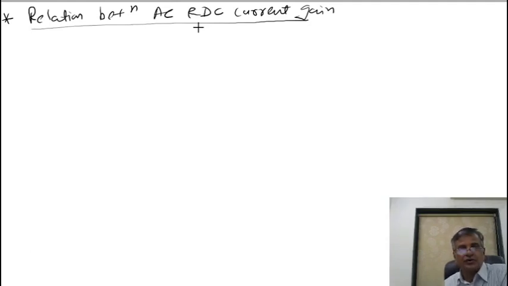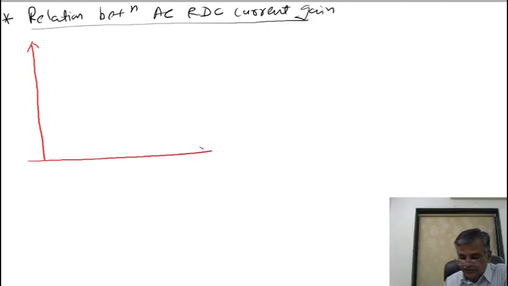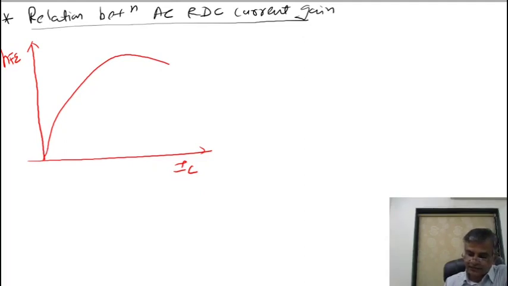Graph based on experiment means you have done some experiment, and from the experimental result you are drawing the graph. So I am showing you the graph of DC current gain versus collector current at different temperatures.